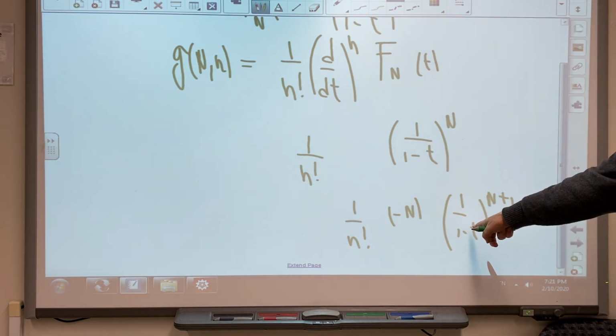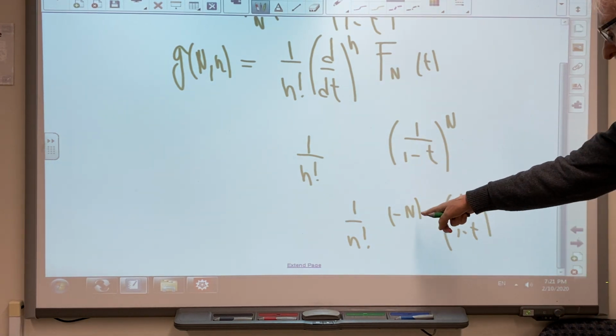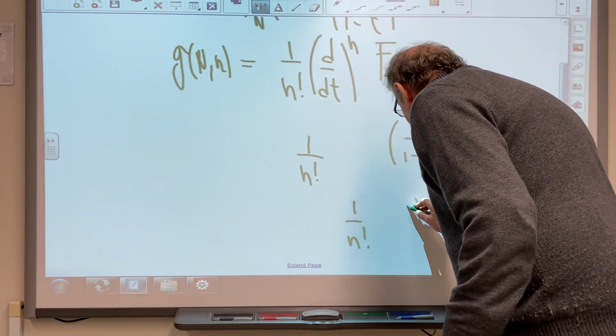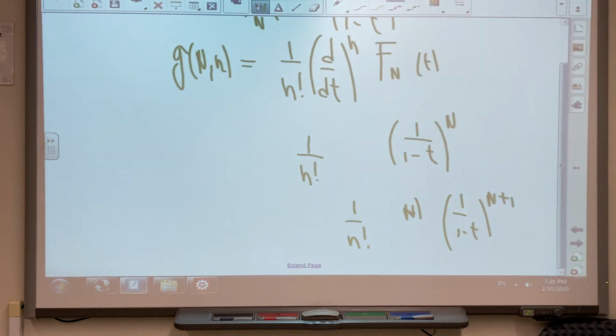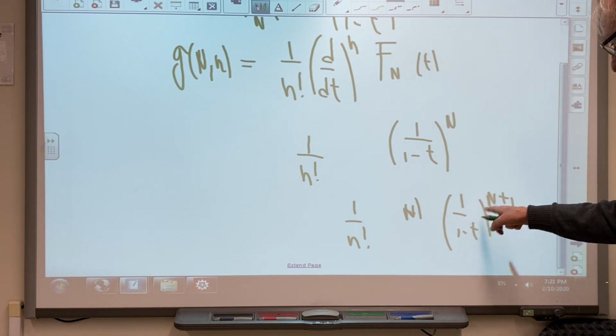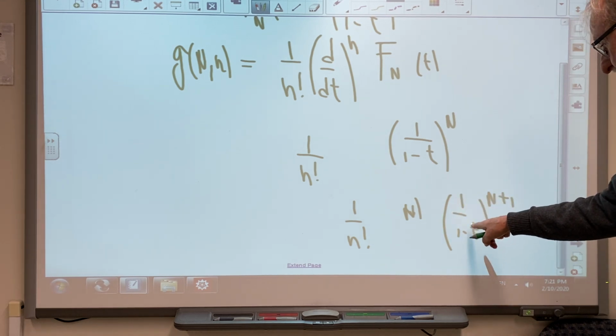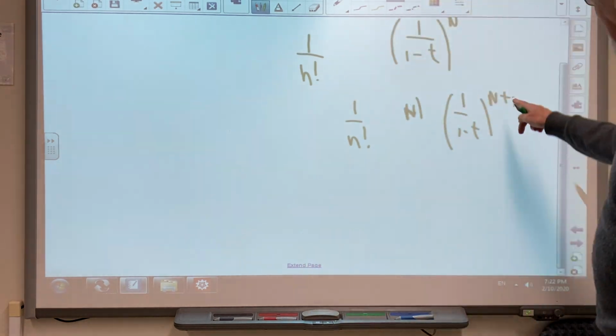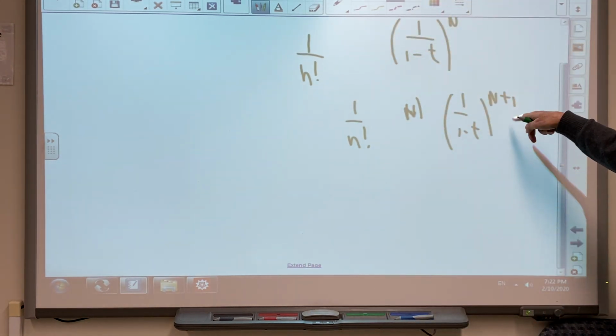And I have a minus from the derivative, so this minus goes away, so I get the number n. That's the first derivative. When I take the next derivative, I will get a factor n plus 1. And again, the same game. I get a minus sign, but I have another minus from the derivative, so the minuses cancel, and I get n plus 2, and so on.